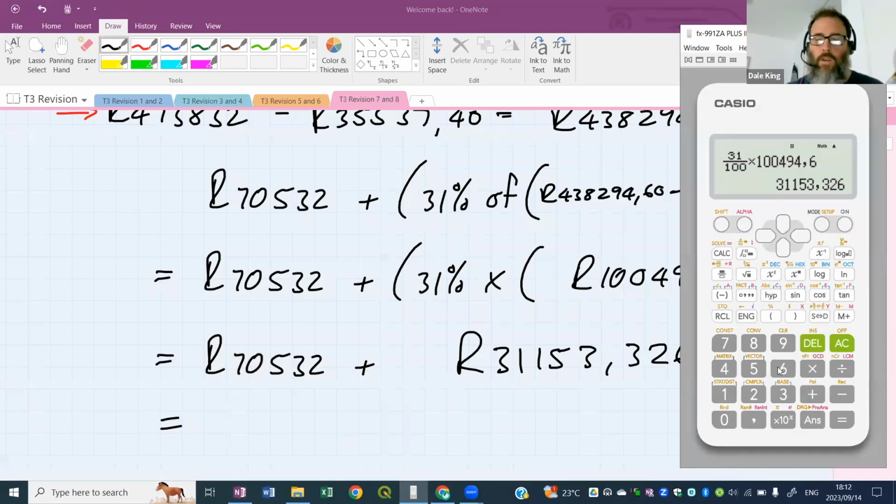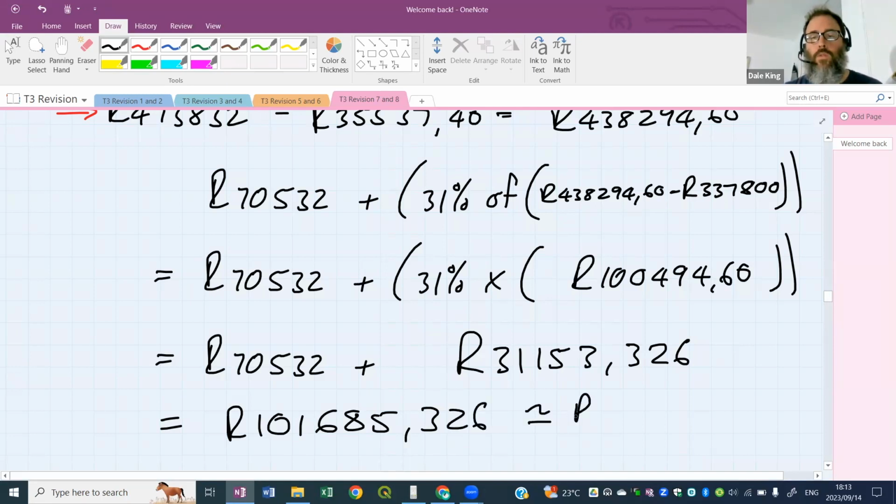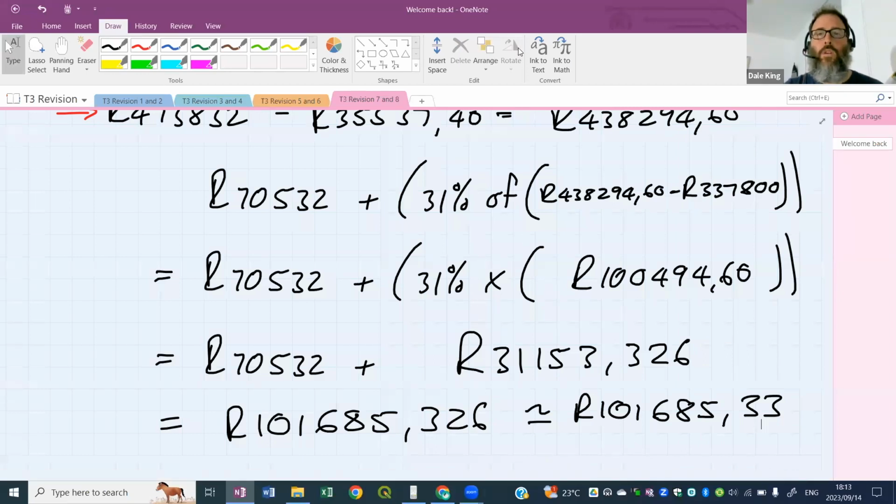So I'm going to take that value on the calculator as it is. I'm going to say plus 70,532. And that gives me 101,685,326, which we can round off to 101,685,33. All right, so that is how much tax this person is going to pay.